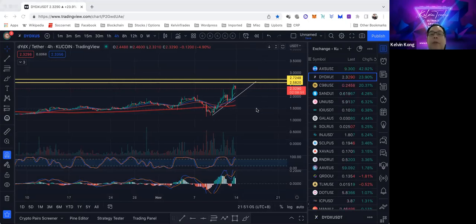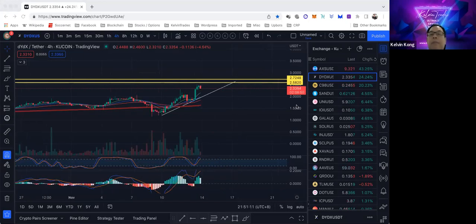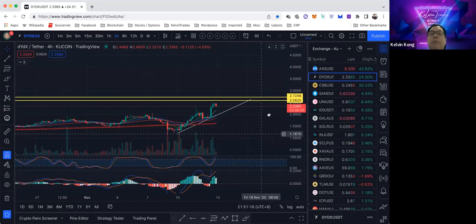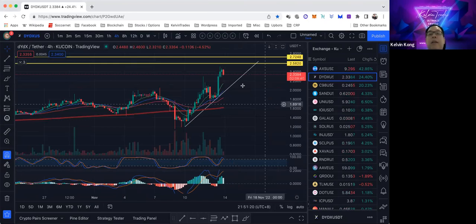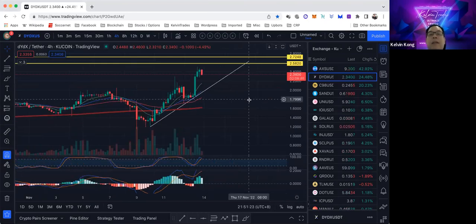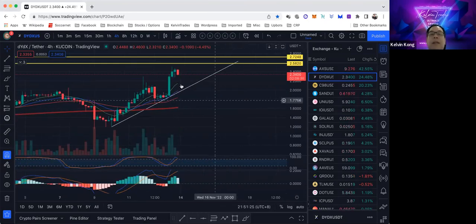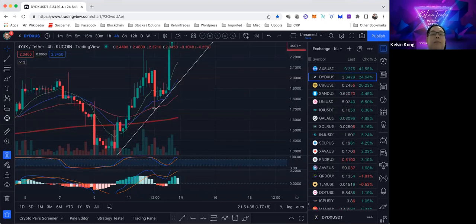Wait, wait for it to come back down. Okay. If you want to place limit orders, you want to take a risk and go ahead. Place your limit orders around the $2 mark over here. Okay, then stop loss over here. Stop loss, here, this one.